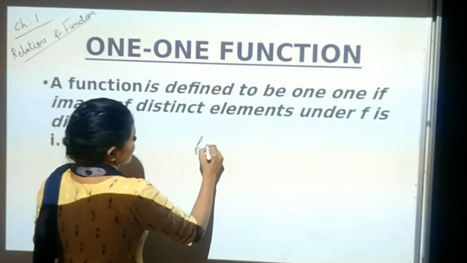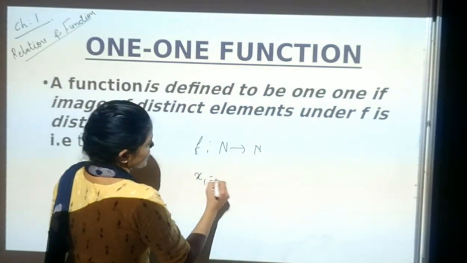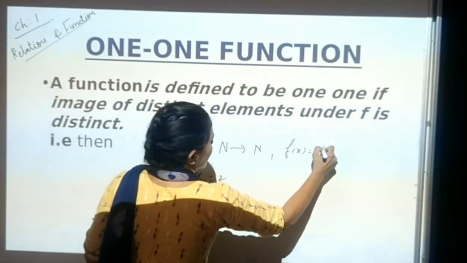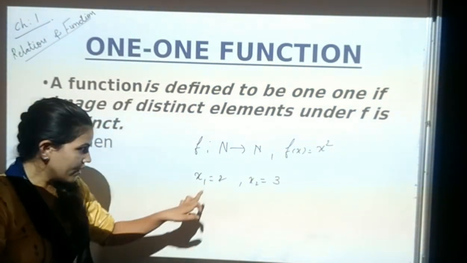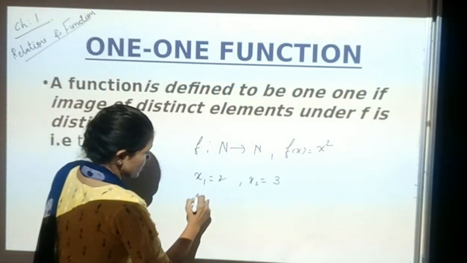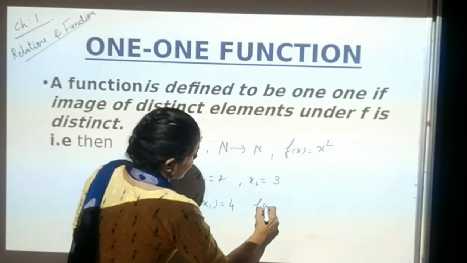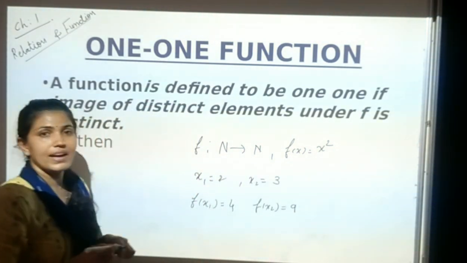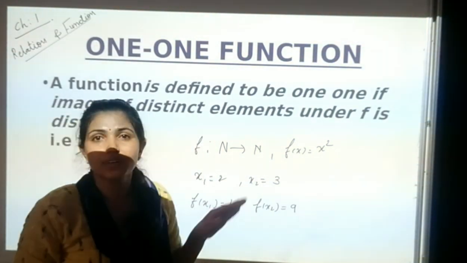Like f is defined from N to N. I take x1 is equal to 2, f of x is equal to x square, and x2 is equal to 3. So if I take x1 and x2 as different elements, then the images must be different. f of x1 is equal to 4 and f of x2 is equal to 3 square, that is 9.